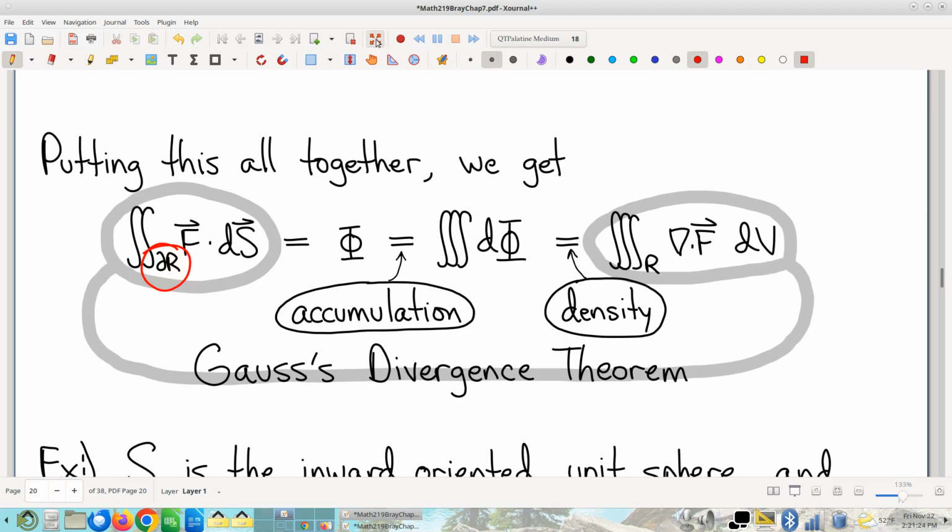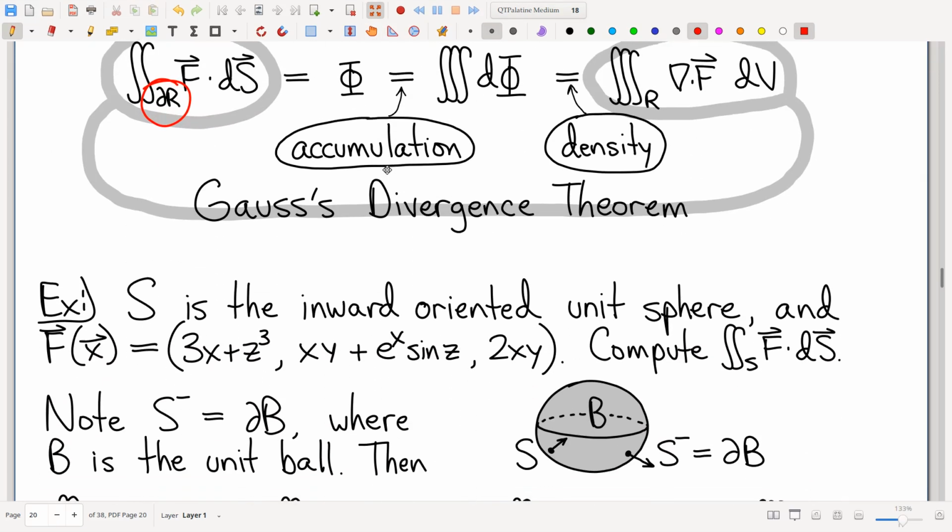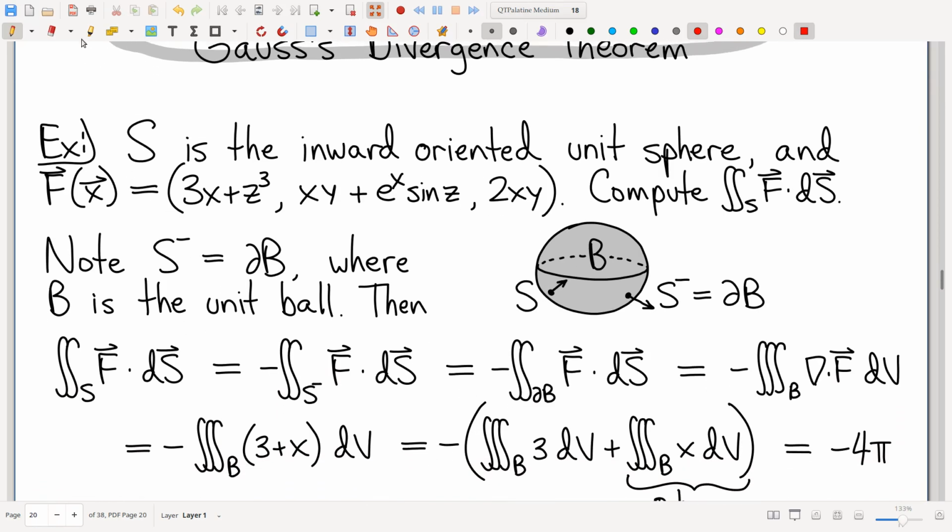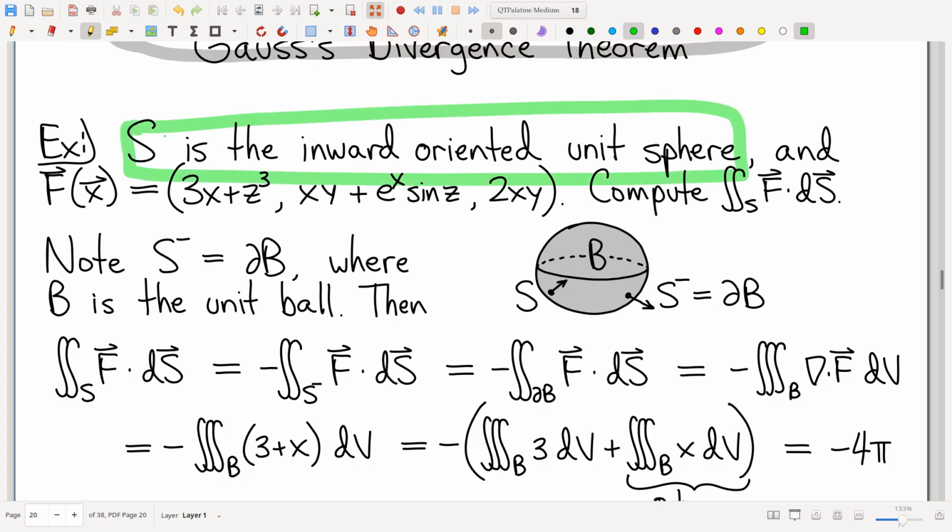Okay, so that noted, let me go ahead and get into this mode. There we go. Let's look at our surface and ask, is our surface a boundary? And unfortunately, it's not. This surface, the inward-oriented unit sphere, is not a boundary. It's close. Other than the orientation, it's all good, but the orientation matters, and this is not the convention for what the word boundary means. So, no. Bad news.